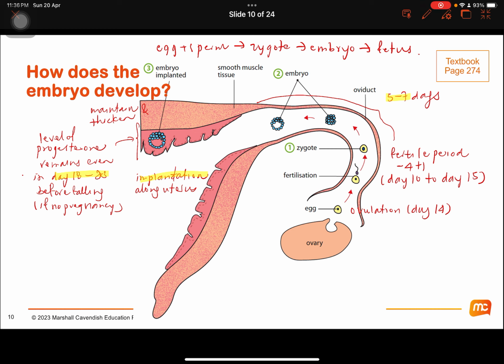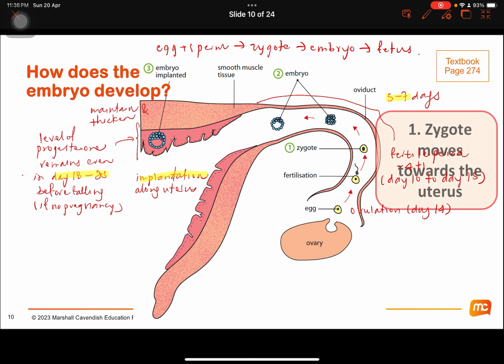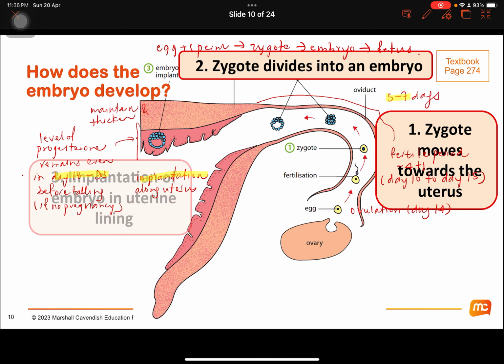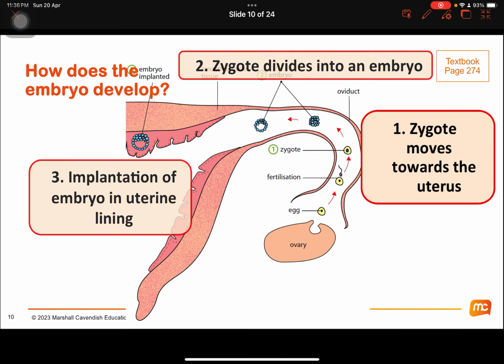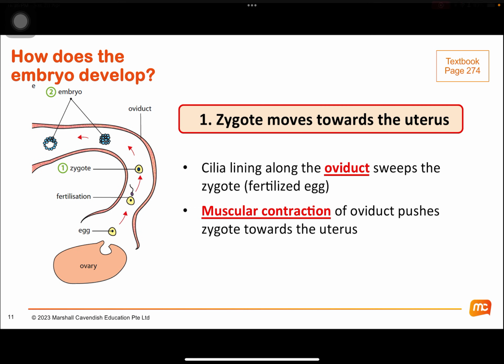So let me bring you through step by step the embryo development after fertilization. I did mention this in my annotation. Let's take a look first at the zygote. After fertilization, the zygote will move towards the uterus.